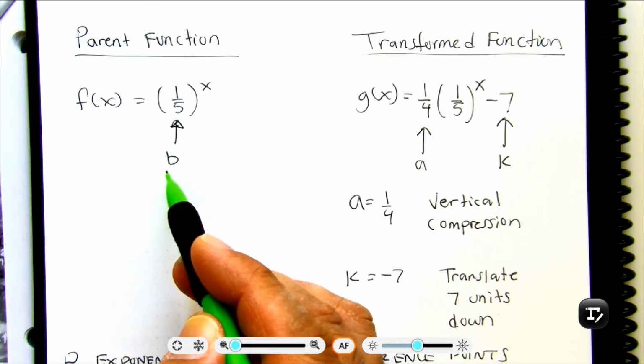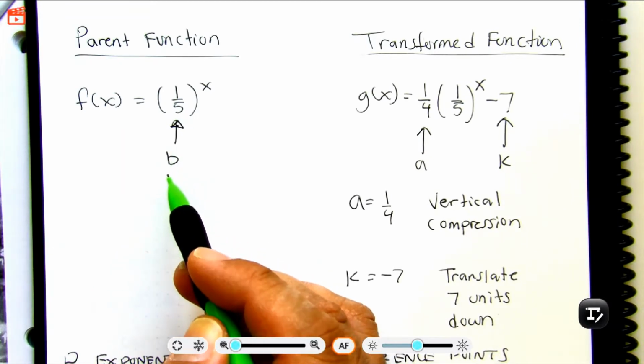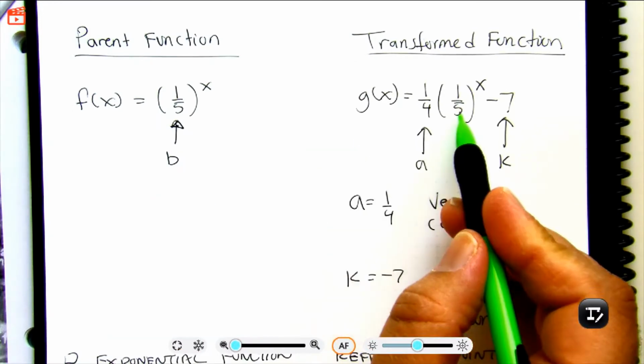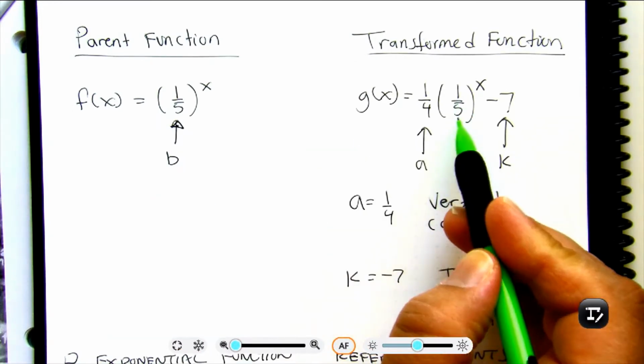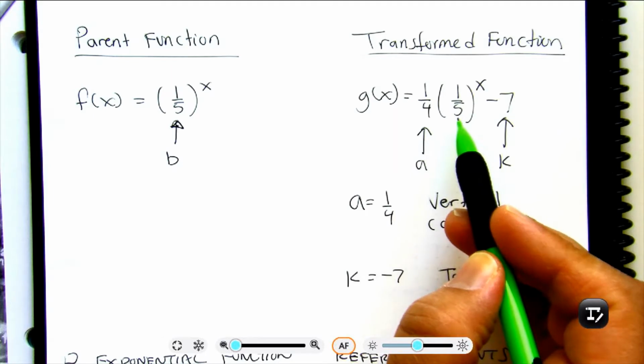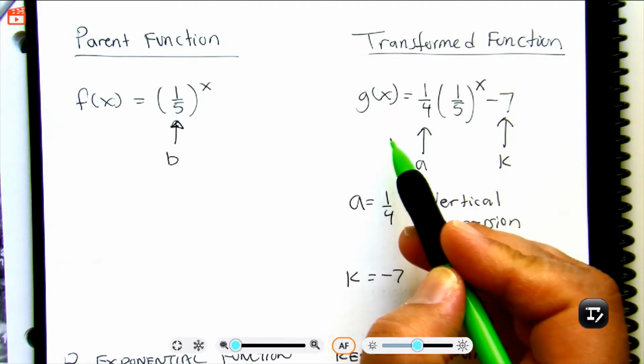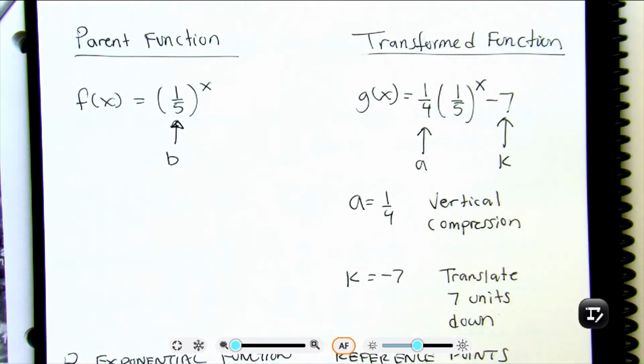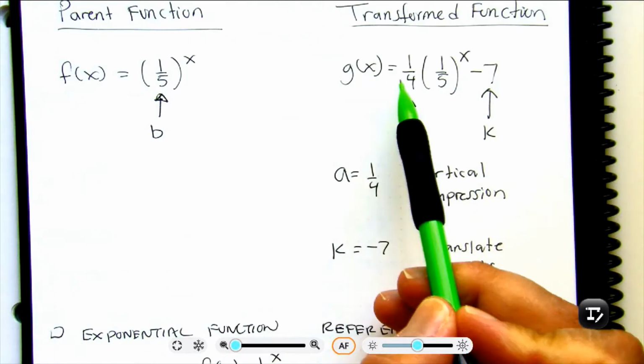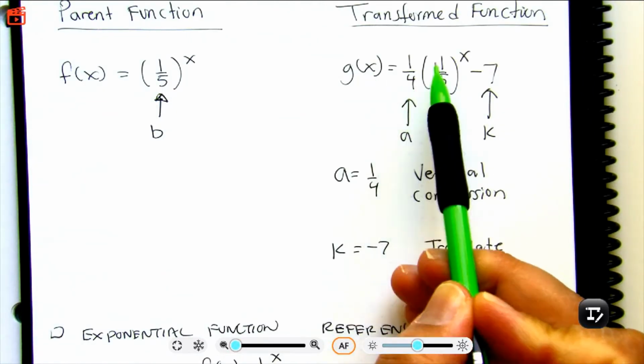So we expect that b to be the same in the transform function. This doesn't really change. What does change is that a could be added, h could be added, and k could be added. In this problem, we have g of x equals 1/4 times 1/5 to the x power minus 7.